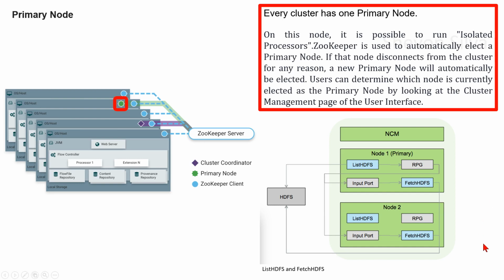This typically involves a list and fetch processor, where the list processor produces instructions or tasks for the fetch processor to act on. An example of this scenario is shown in this diagram with List HDFS and Fetch HDFS.